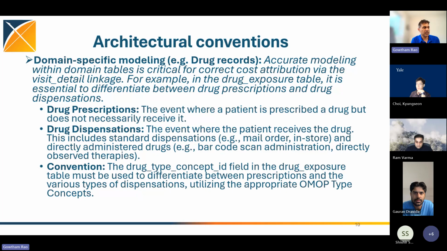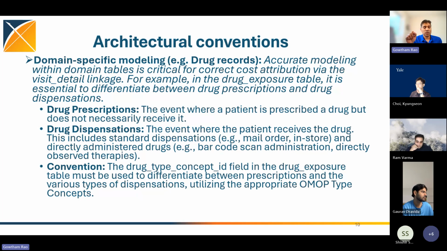Did they receive it in store? Whether this was a barcode administration, whether it was directly observed therapy, all of those will have concept IDs, and we're going to show you those concept IDs, and that will be part of the ETL conventions. But the key here is every drug exposure record will also have a visit occurrence record.